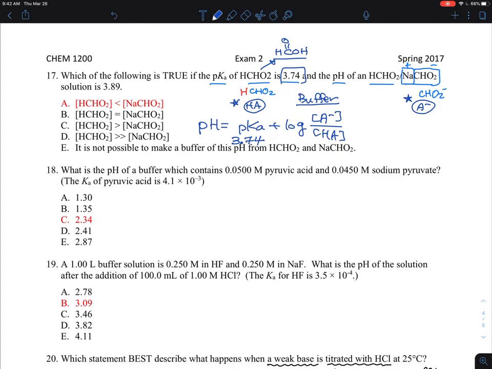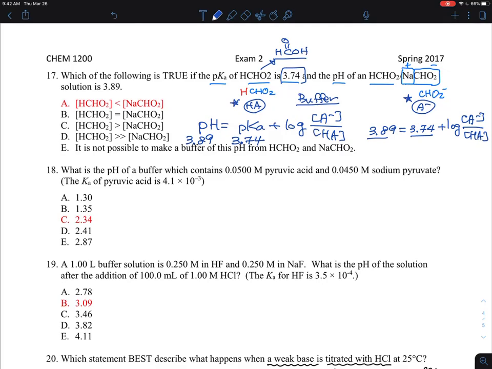And the pH of the solution is 3.89. Okay, so then I'm going to write it as 3.89 is 3.74 plus log A minus over HA. So I just finished that. And then which one is bigger? So this is bigger, so I'm going to subtract these numbers.